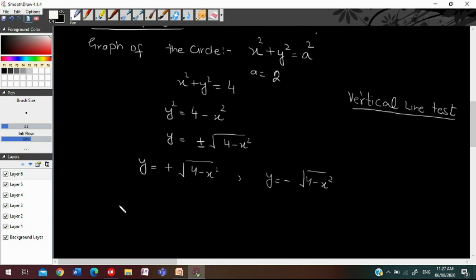So if we make a table for x, we are going to take different values for x: 0, 1, under root 3, 2, minus 1, minus under root 3, minus 2, and so on.